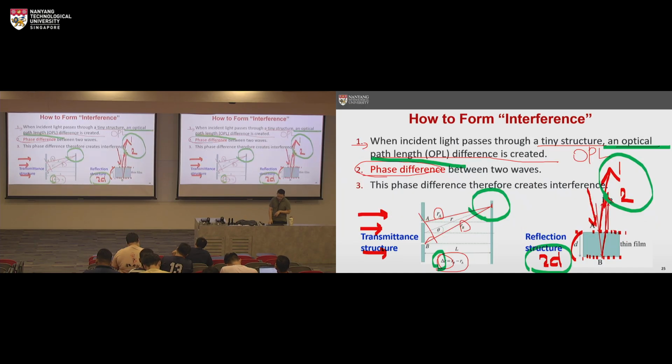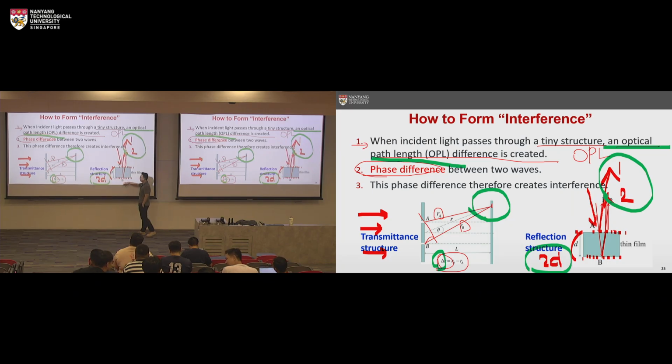The most common way to generate interference is that your light meets a structure that will split your light. The first one is that when the light comes in, it meets a lot of tiny holes. So these tiny holes will split your light into two. So you create a certain amount of optical path length change.